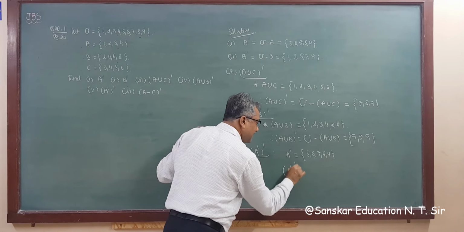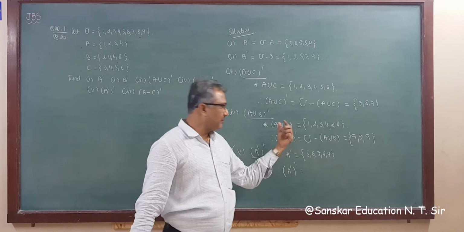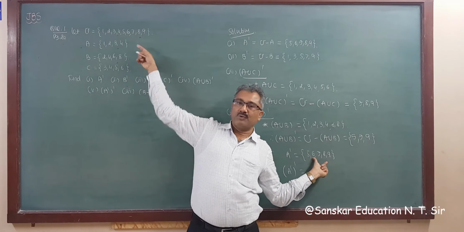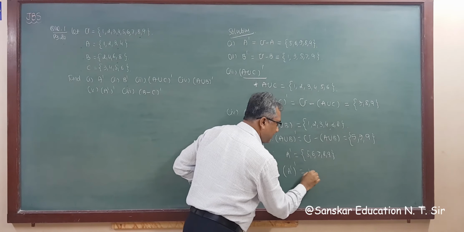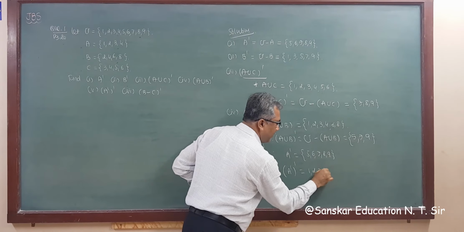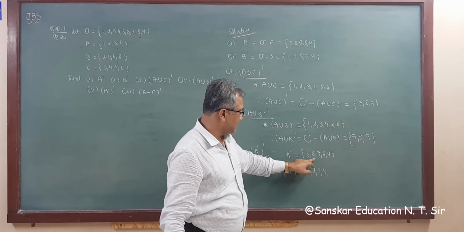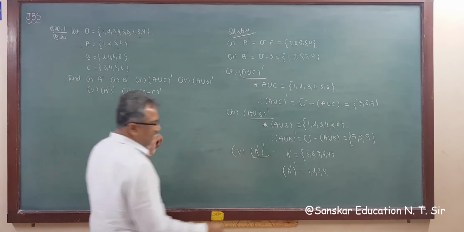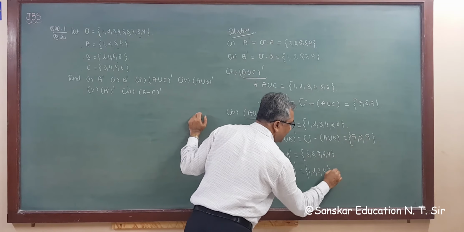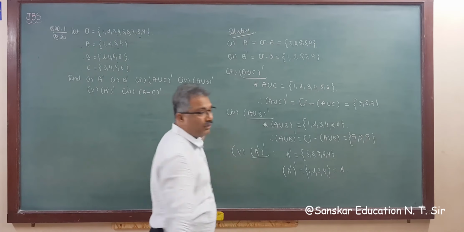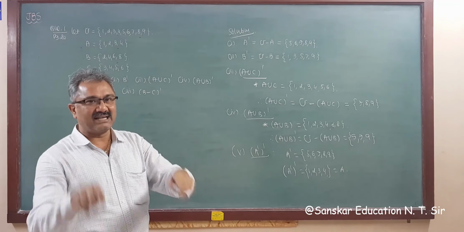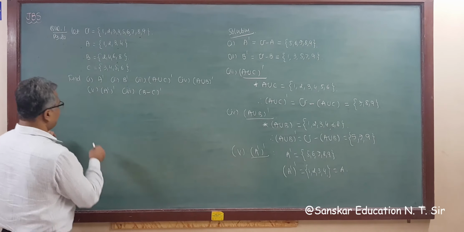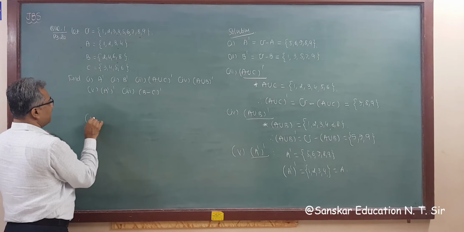So A dash dash is equal to, you have to remove these elements from U. That is 1, 2, 3, 4. So 1, 2, 3, 4 are the answer, and that is A. And you know the complement of complement is the set itself, right? And number 6 I am writing here.